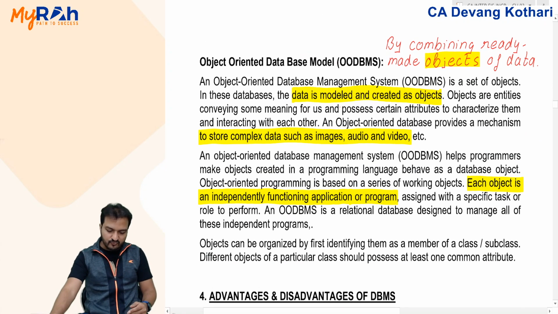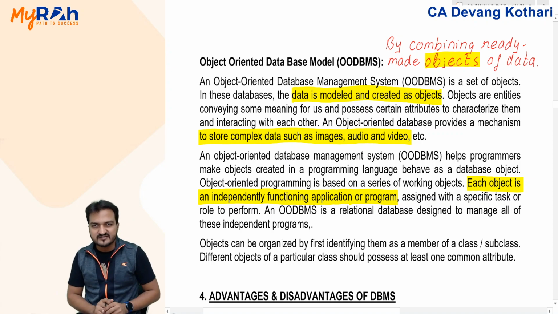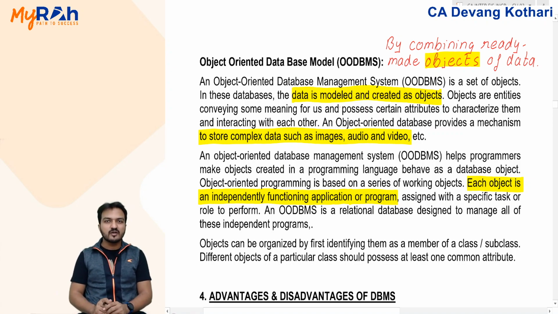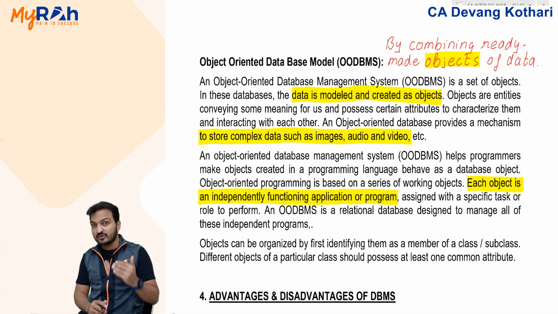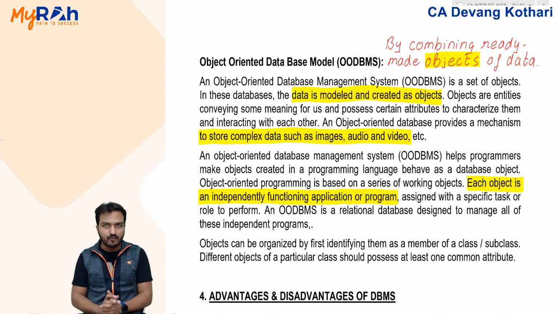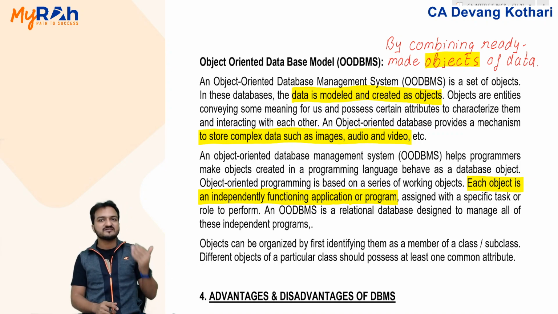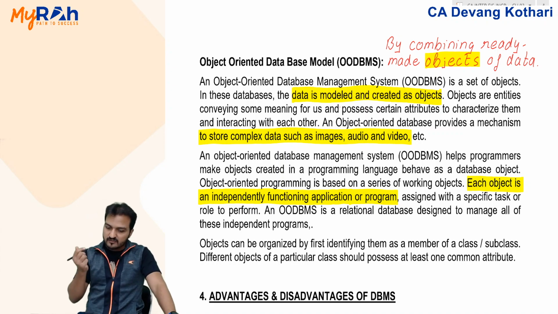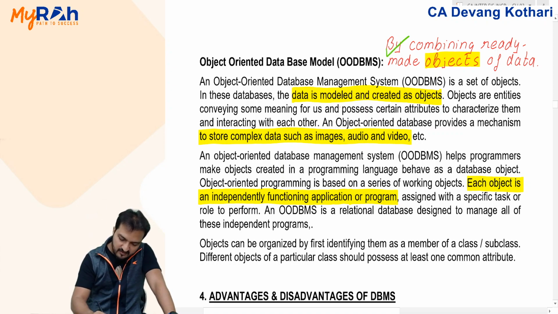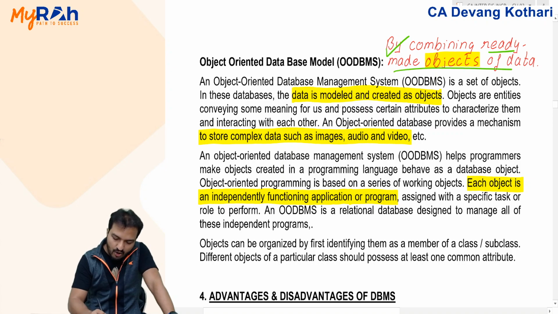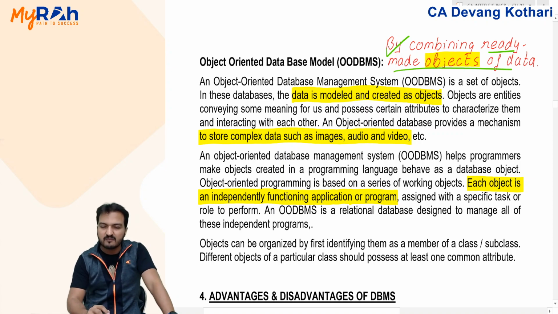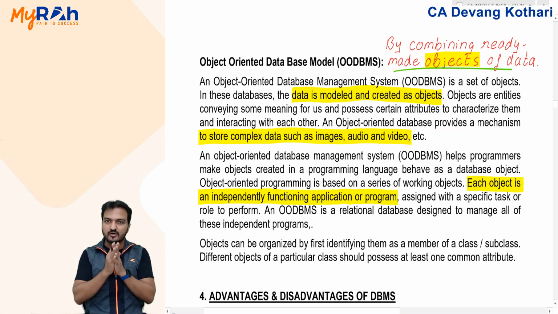And the fourth one, object-oriented database model. Object-oriented model was a model which I told you you need not give very high importance because it is a very advanced kind of structure. But a short revision, this is the database which is created by combining ready-made objects of data. What is that object?